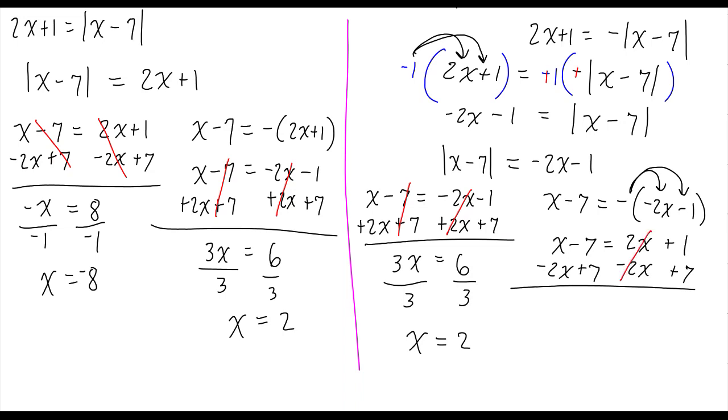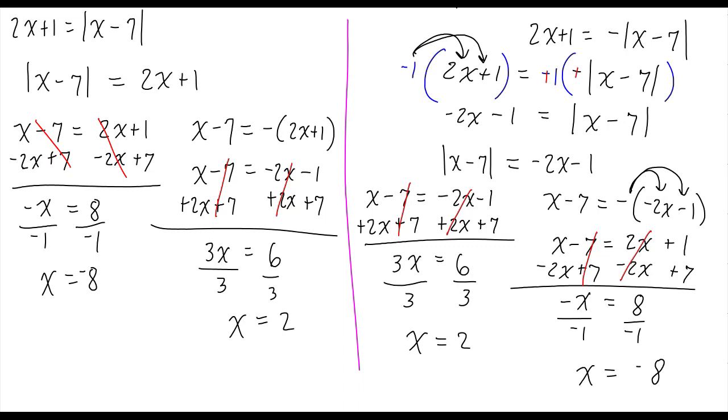Those should cancel, and those should cancel to give me negative x is equal to 1 plus 7. That's 8. And then divide each side by negative 1. X is equal to negative 8. Okay, so I ended up getting the same solution twice, right? I got 2 twice, and I got negative 8 twice.